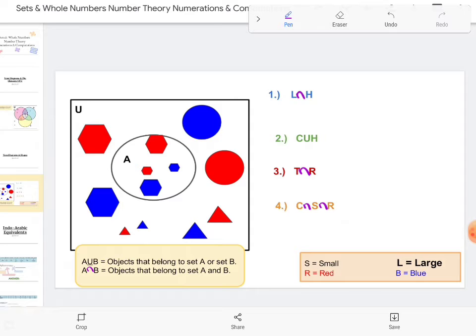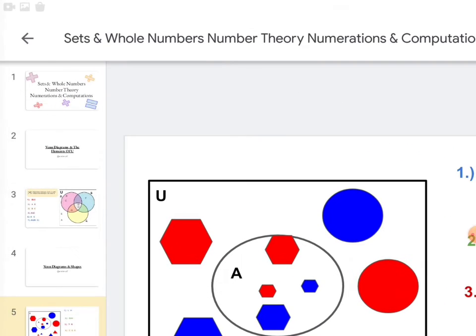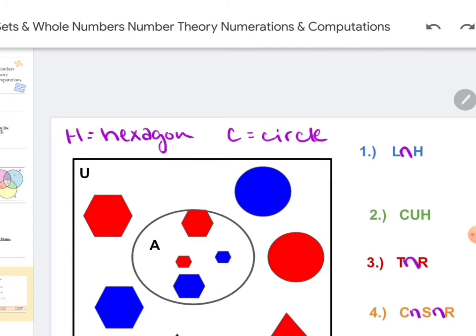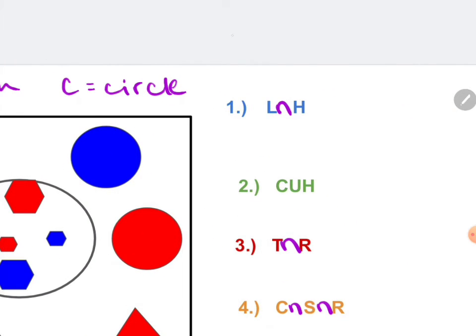There are actually other letters that represent other things. So for example, H would be hexagon, which is going to be our shapes with the 6 sides. And then we have C, which is going to be our circle. And then we have T, which is going to be our triangle.